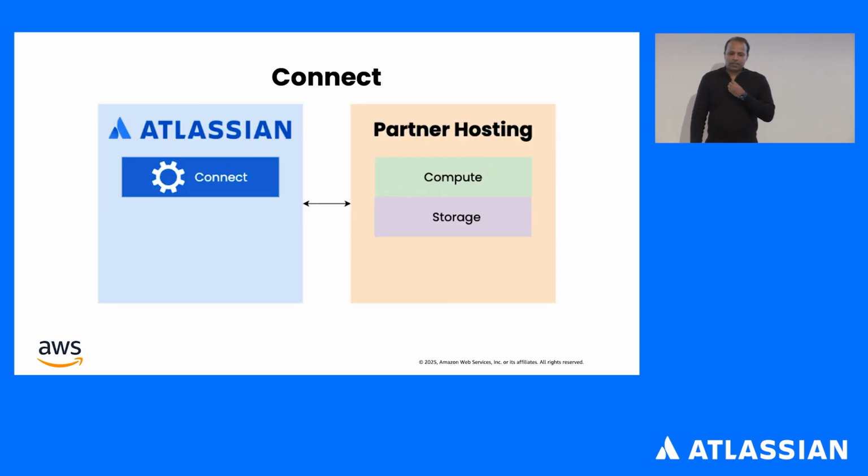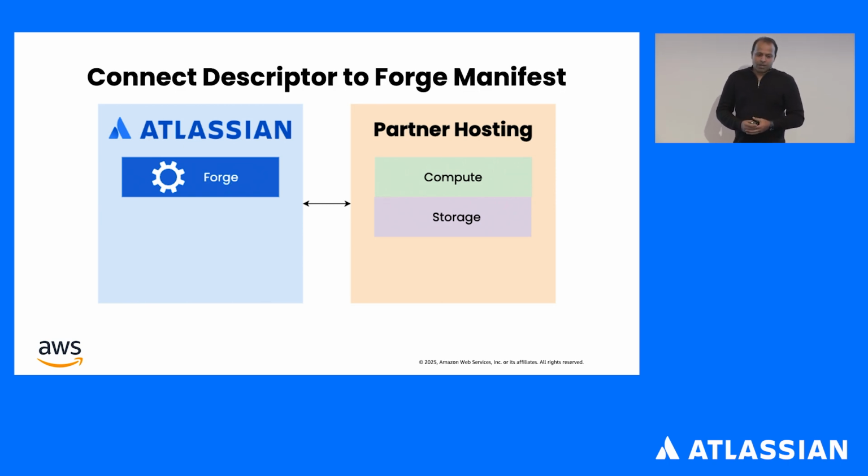So now that we have seen how the Connect to Forge tool handles the conversion of your descriptor to a manifest, let's talk about what this enables essentially. The initial conversion is particularly powerful because it opens up possibilities without forcing you to make immediate changes to your infrastructure. As I said, every Connect app provider will continue using their own infrastructure.